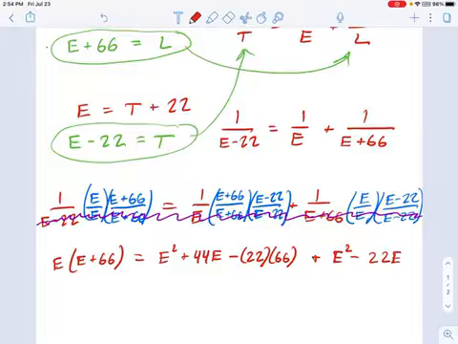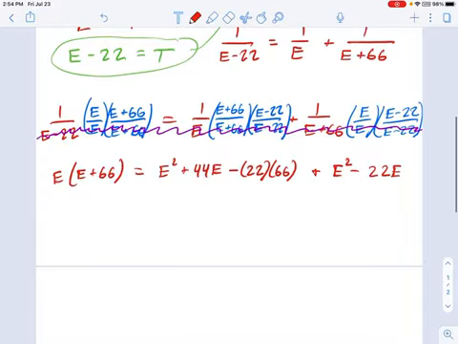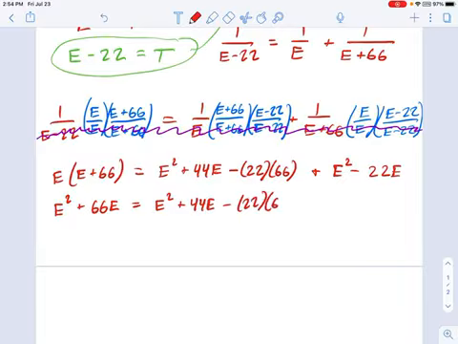Okay, so it looks like I foiled some of this and didn't foil other parts. Let's just keep on working with it. E squared plus 66E equals E squared plus 44E minus, still not ready to do that one, 22 times 66, plus E squared minus 22E.